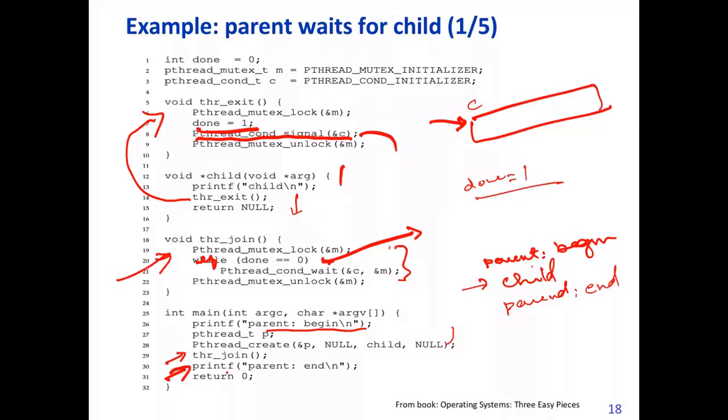But if the child has not completed execution, the parent will be in the sleep state. Where are you putting it into sleep? Here, by running this, you are putting the parent in the queue. Otherwise, you will not put it. The second case that we studied says don't put it into the queue because the child is done. So this done is used just to see whether the child has completed or not.